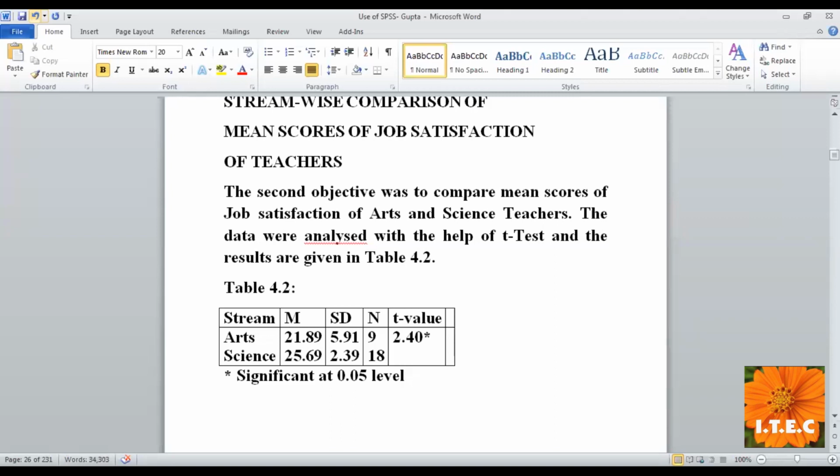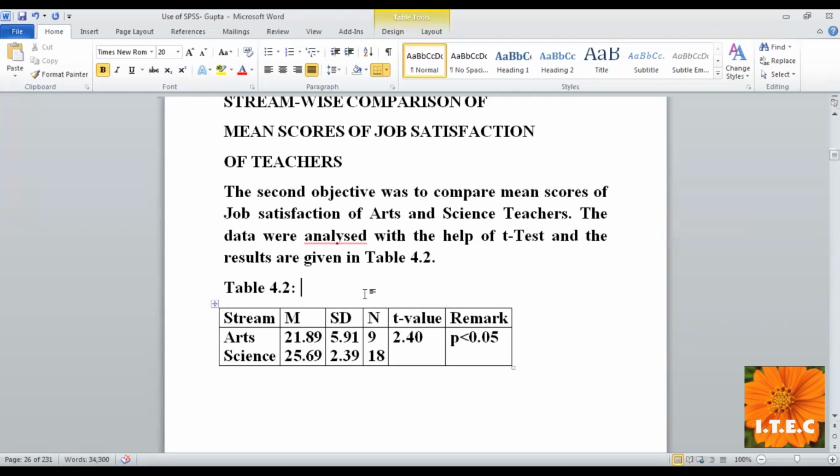If you do not want to write like this, then you should not write, and you should not put a star here. Otherwise, you write remark, and then you write the p-value is less than 0.05. And p must be small, because the small p represents probability. So that means the probability that the error is less than 5%.